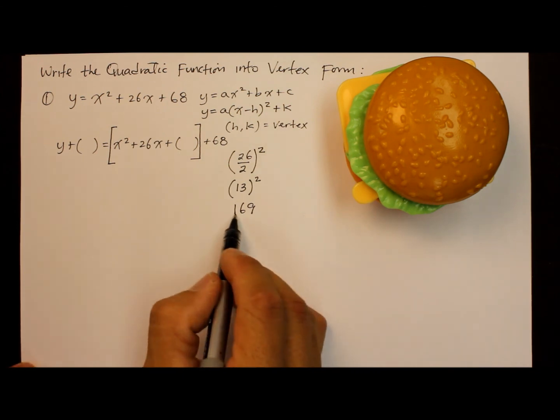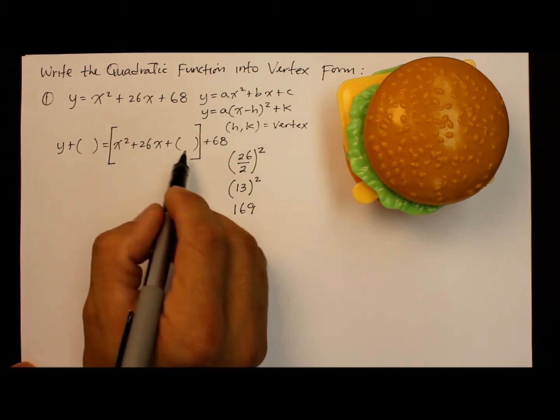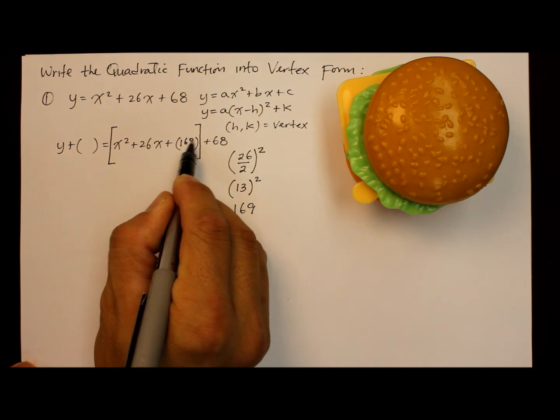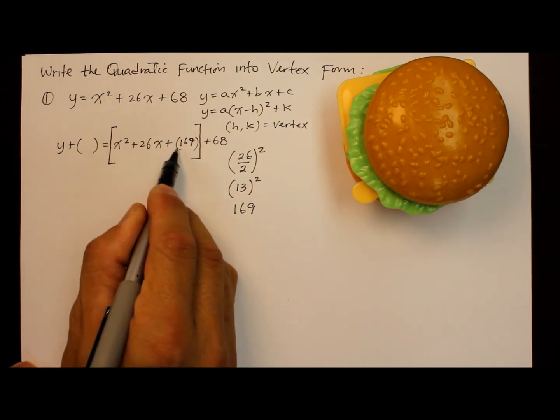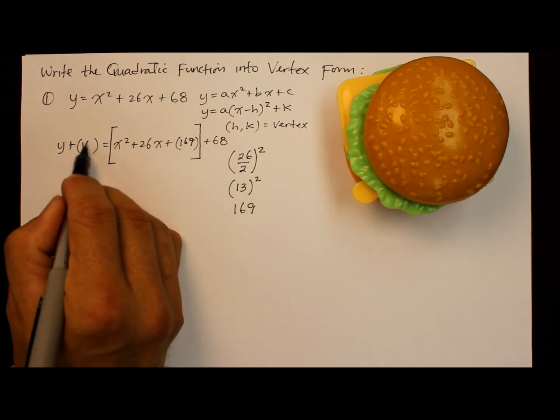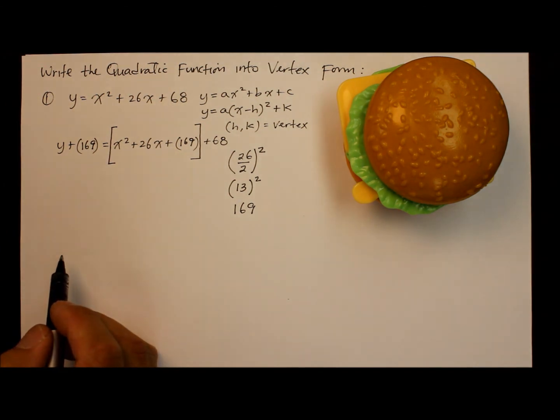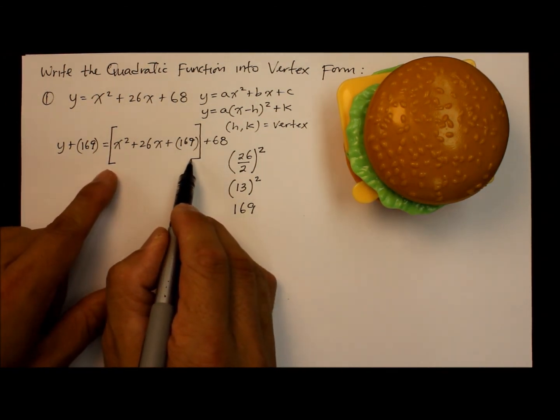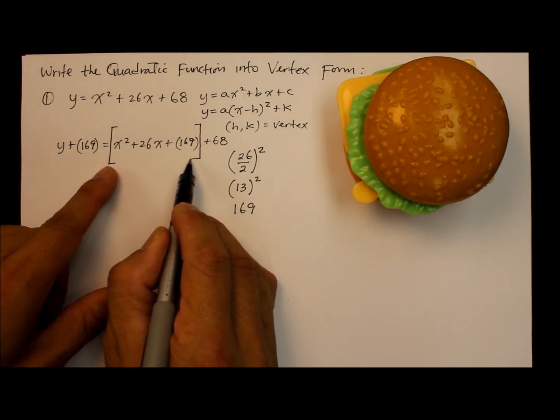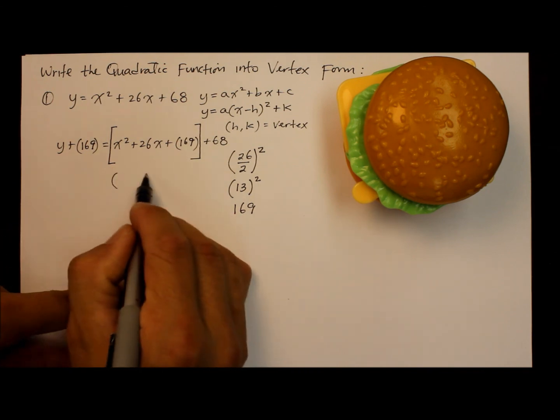So now 169 is the perfect square, and that's what goes in here, 169. But whatever you do on the right side of the equation, you do to the left, 169 here as well.